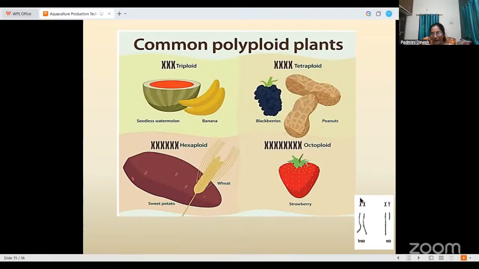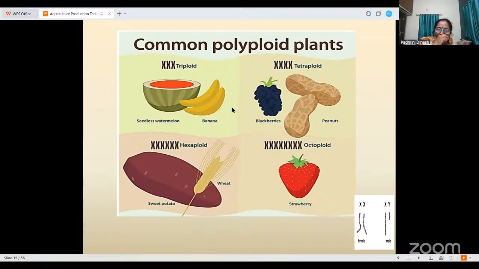That is 1n from mother, 1n from father, 2n. XY is again 2n. That is diploid. So we are all diploid. If anything is deviating from diploid, if it is a triploid, tetraploid, pentaploid, hexaploid, then that is called polyploidy.